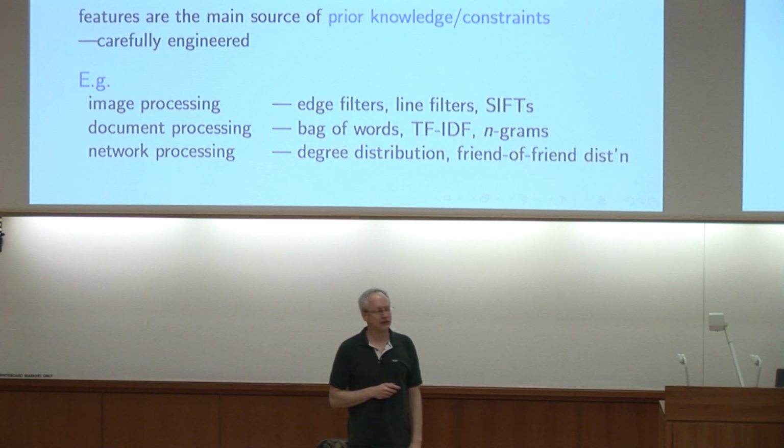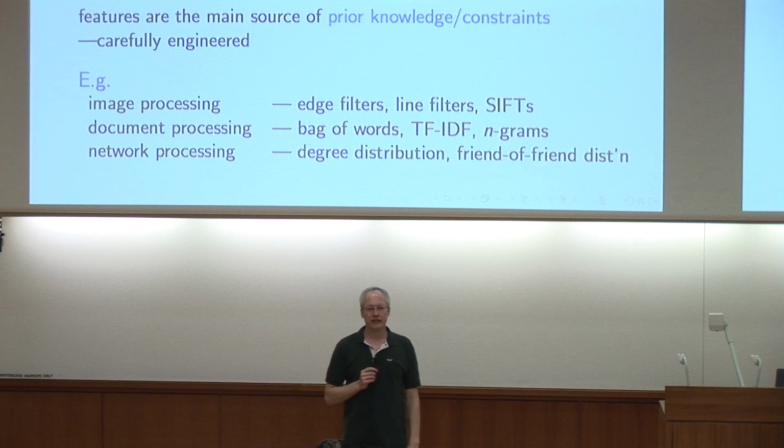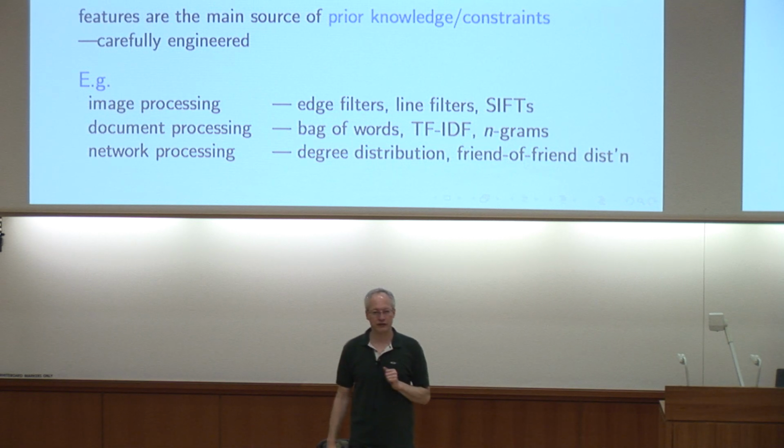If you're in image processing or video processing and so on, understanding what are the important things to extract from the data is what the field is about to a large extent. And some machine learning guy isn't going to be able to go in and really tell you effectively what features you should be using in image processing. That's domain expertise. Same thing in natural language processing, a couple decades of experience now of understanding what's important to measure in a sentence to infer things about syntactic structure.